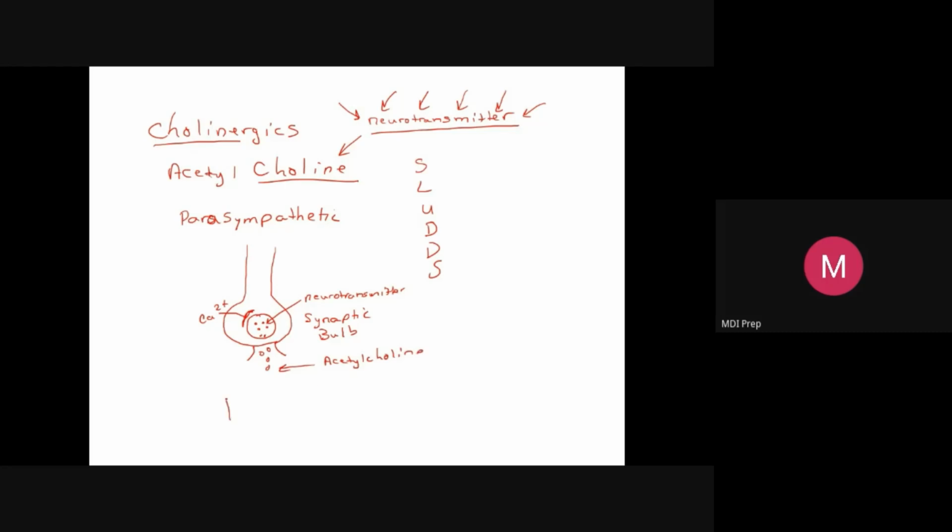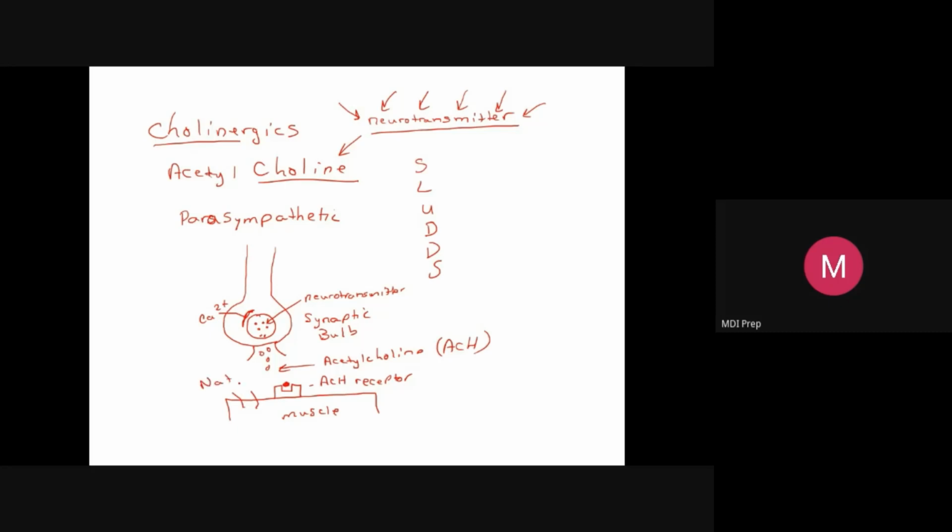Once that neurotransmitter is released, you have something like a muscle. And on that muscle, you might have what we call an acetylcholine or ACH receptor. Whenever the acetylcholine binds to that receptor, it's going to open up a sodium channel at the muscle cell.